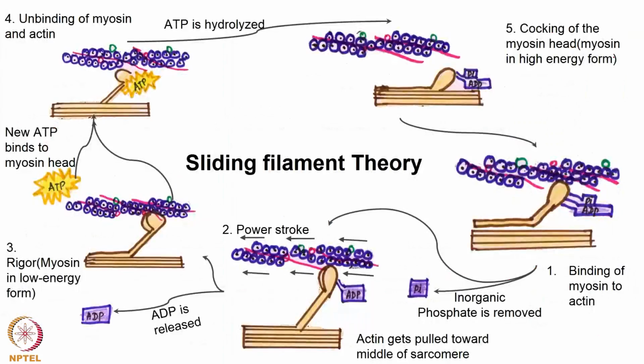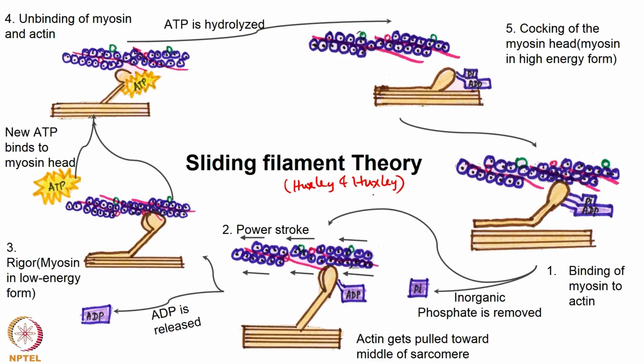So, the thick filament and thin filament are sliding over each other, leading to the hypothesis that it is the sliding of these two filaments over each other that causes production of force. This is the sliding filament theory, proposed by Huxley and colleagues.